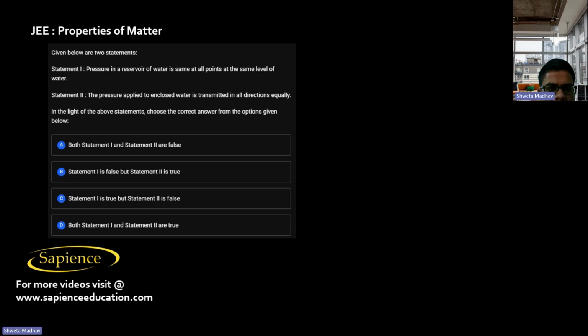Then here it is told, given below are two statements. Statement 1: pressure in a reservoir of water is same at all points at the same level of water.